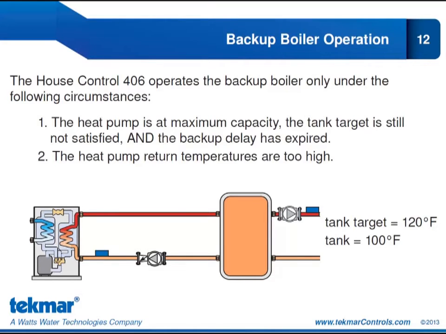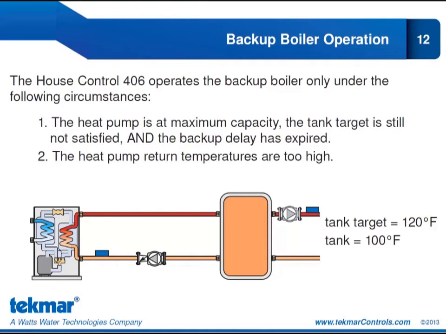The second condition that can cause the backup heat source to come on would be if the heat pump return temperatures are too high. So if this sensor measurement is higher than our heat pump return maximum temperature, we're going to turn off the heat pump and allow the backup heat source to satisfy the demand instead.